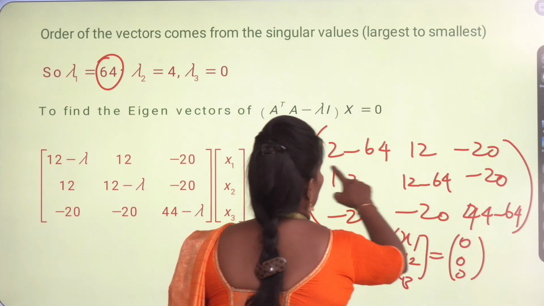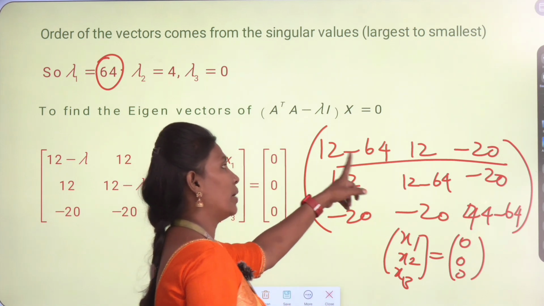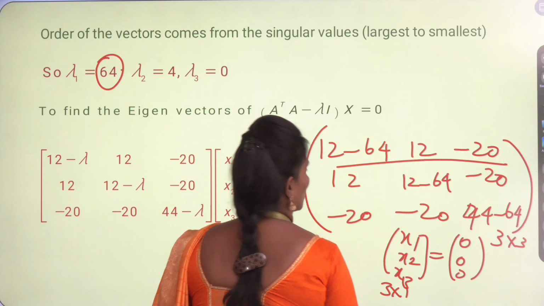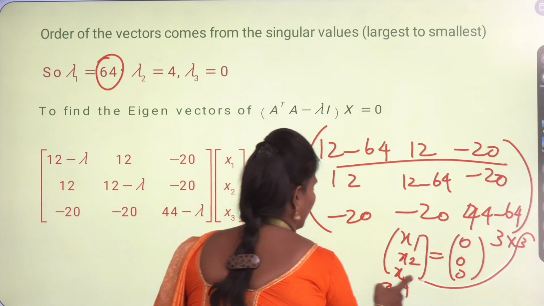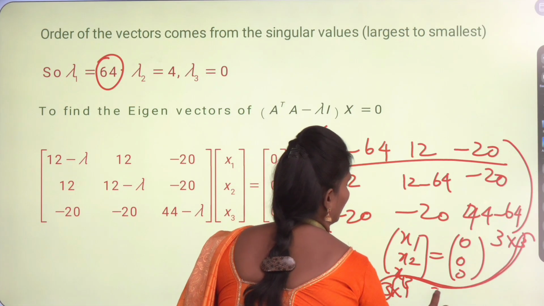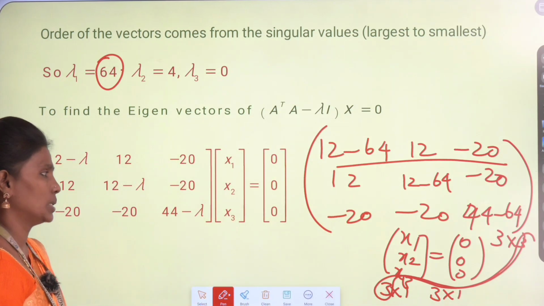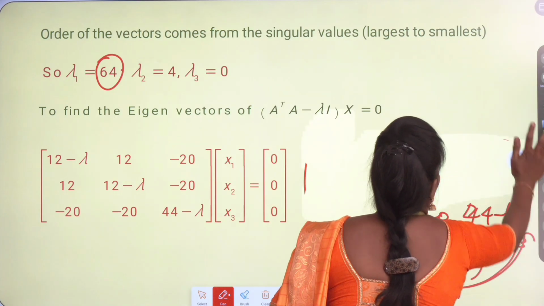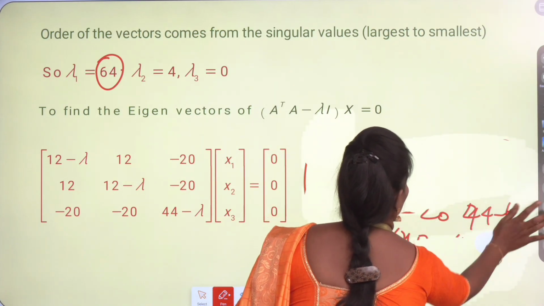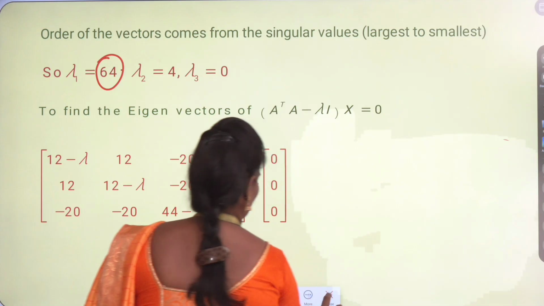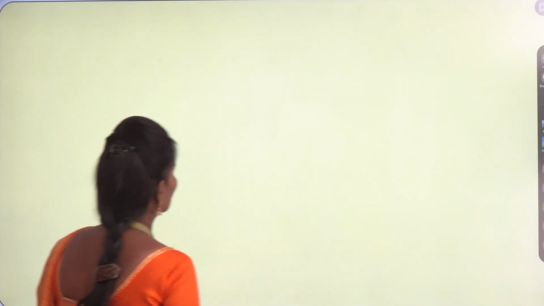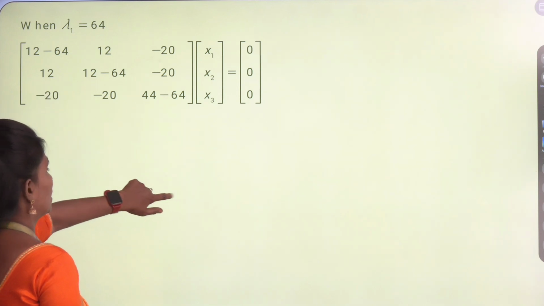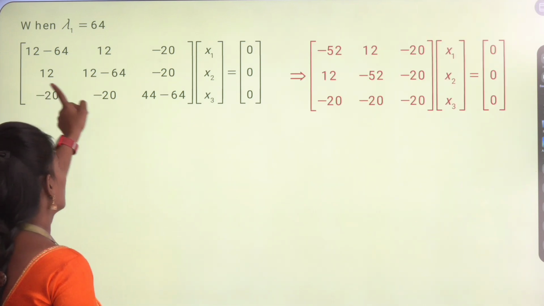Now you solve this and multiply. Here we have a 3 by 3 matrix and a 3 by 1 matrix, so the resulting matrix is 3 by 1, only one column. 12 minus 64, the same as I taught you, and we get that matrix.